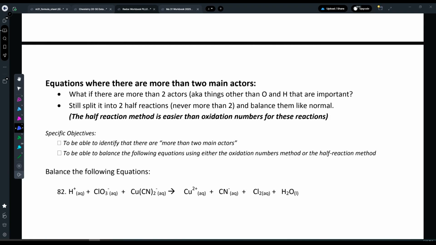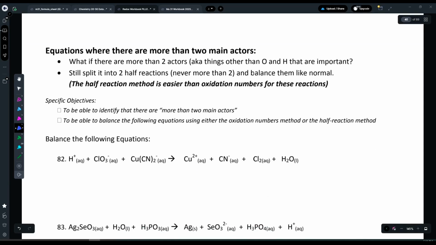We're still going to split these into two half reactions, but never more than two half reactions. And then we're just going to balance like normal. This is why I've been focusing on the half reaction method. It's a lot easier to balance redox reactions using the half reaction method compared to using oxidation numbers.